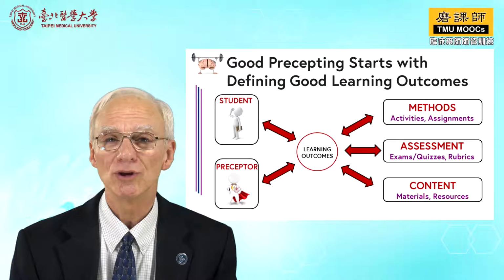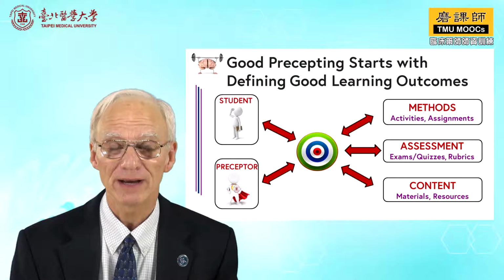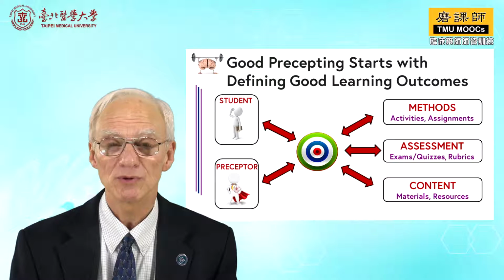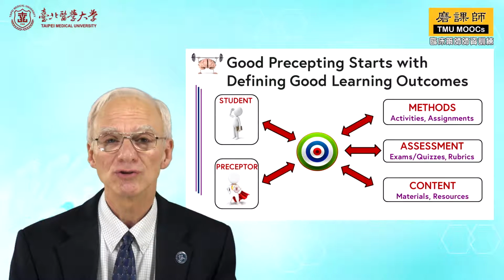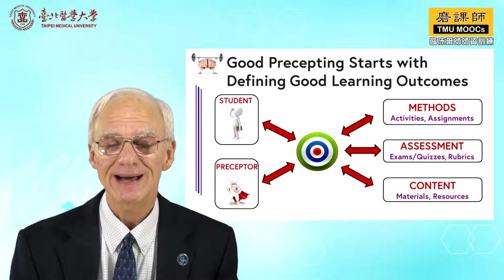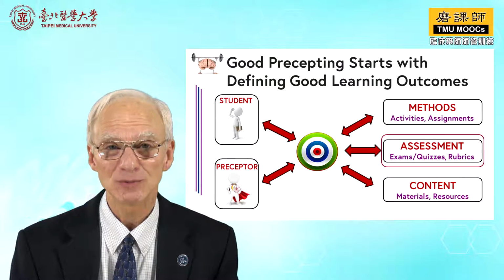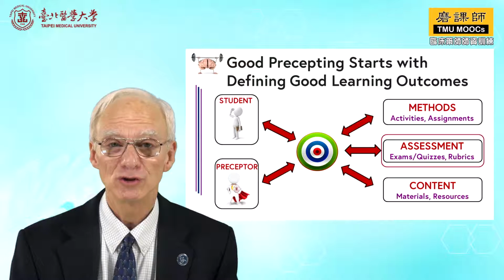Everything gets back to learning outcomes. Remember, identifying the target for learning is what defines the relationship between the preceptor and the student, and it also determines the methods that students use to learn, the content that they're expected to learn, and, as we'll discuss in today's session, the methods of assessment for determining how well the students are learning.